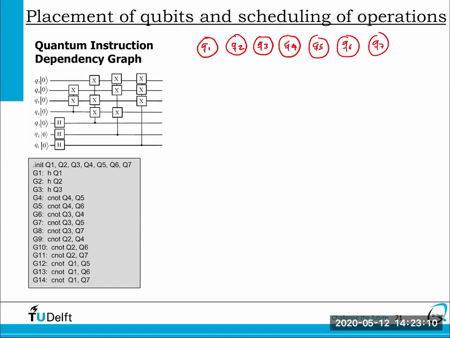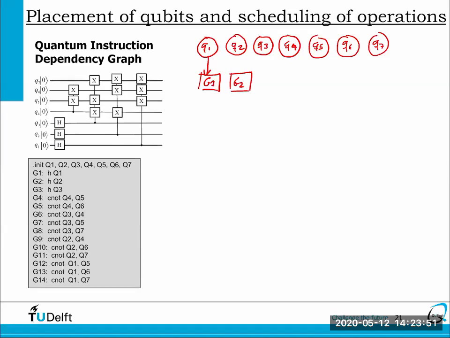So I start by initializing every qubit. Then I go here on the left and I see the instructions, and the first instruction is G1, that is Hadamard on Q1. So I put G1 here. And I cannot do a Hadamard on Q1 before initializing qubit 1, right? That's why I can write an arrow from Q1 to G1. The same for G2. G2 is Hadamard Q2.